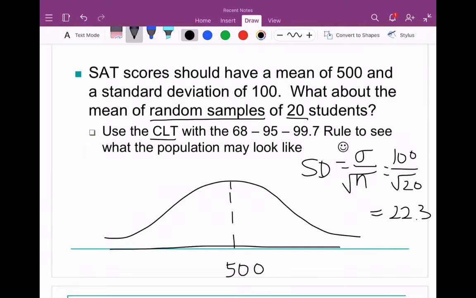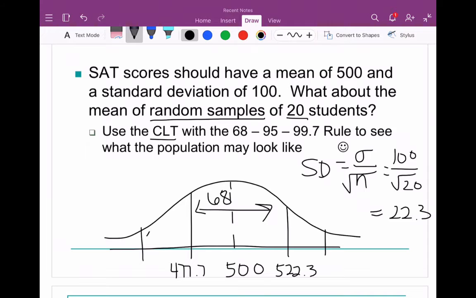So 68% of the data fall within one standard deviation. That will be between a score of 477.7 and 522.3. 95% of the data fall within two standard deviations.